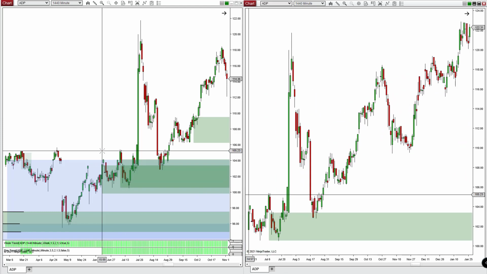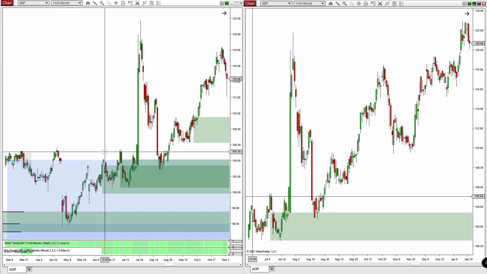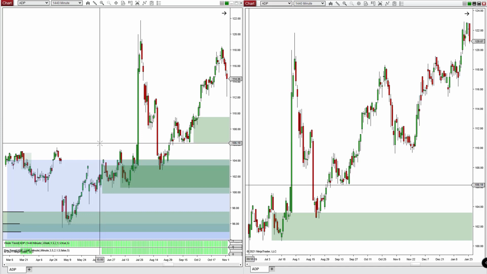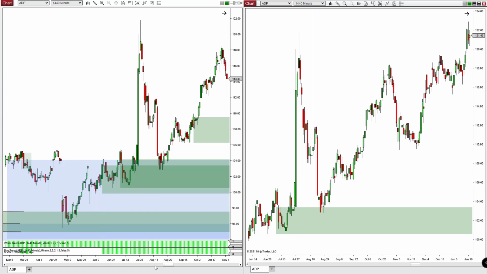So, in addition to market structure, I also have a method that I like to use to follow momentum. I call them auction zones. They're areas where price has paused and then moved very quickly in the direction of the momentum. So let me show you what that looks like.